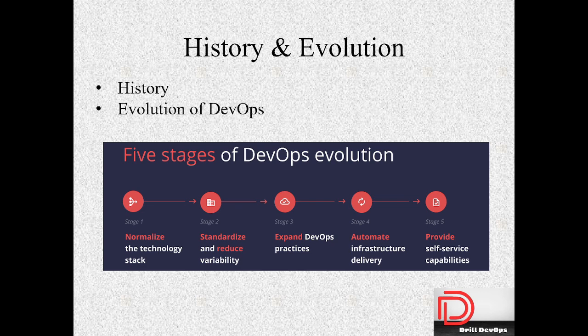History and evolution. So when you talk about history, Agile started in the initial phase of 2000, maybe around 2001. That is when Agile started buzzing and project teams started implementing the Agile methodology.